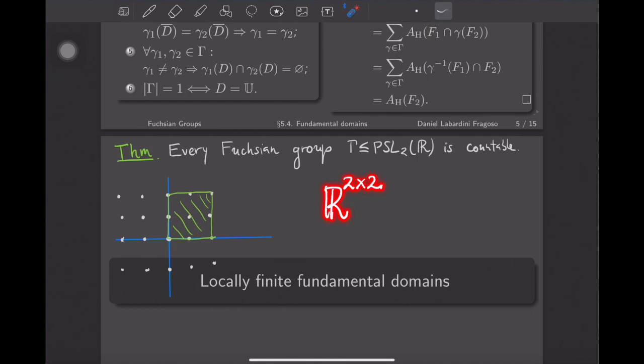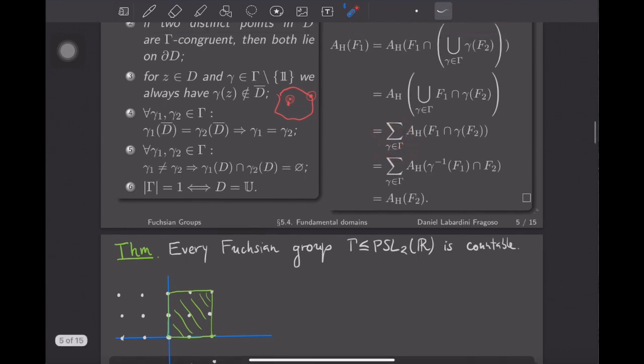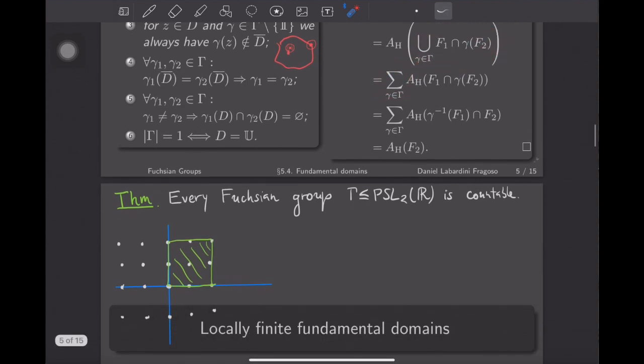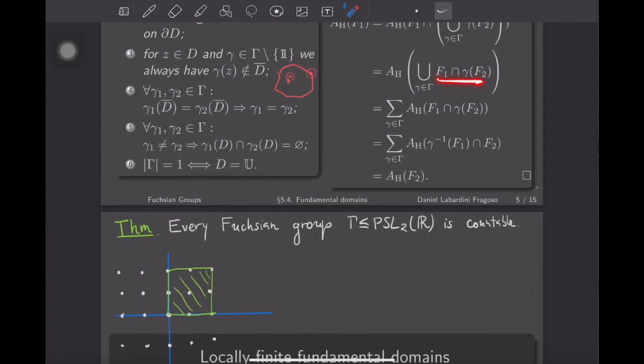Okay, so this is countable. So this was just the observation that this sum is really just a countable sum, and that here this is really a countable union of countably many sets.